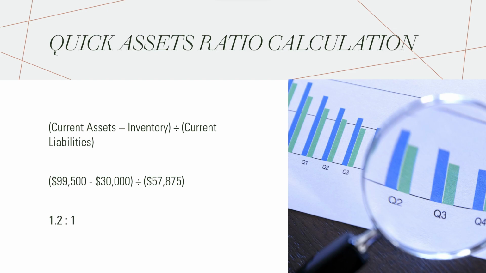The calculation of the quick assets ratio is shown in this slide, and it is calculated as 1.2 to 1, implying that for each dollar of current liabilities, Alpha Company has quick assets of $1.20. By ignoring inventory, the ratio concentrates on those current assets which are immediately available to pay the creditors as and when they fall due.